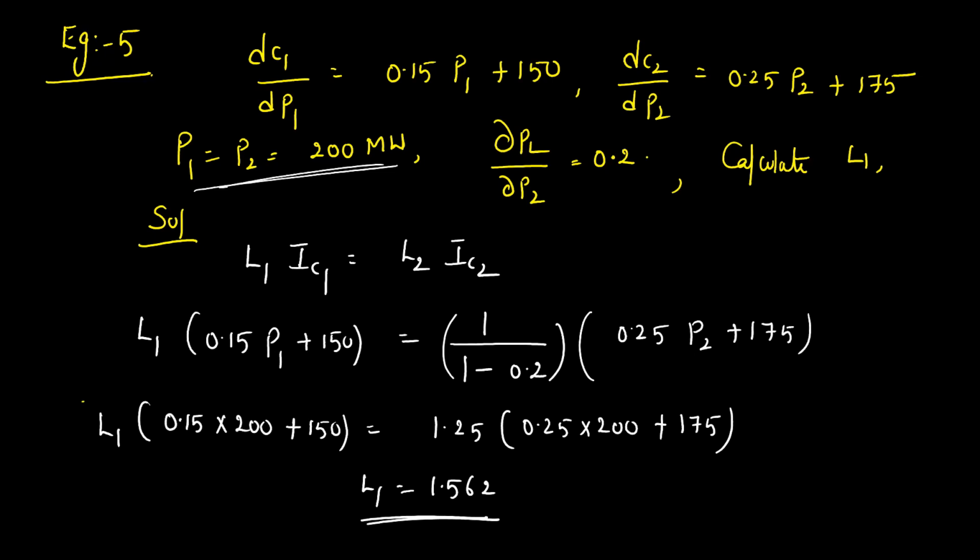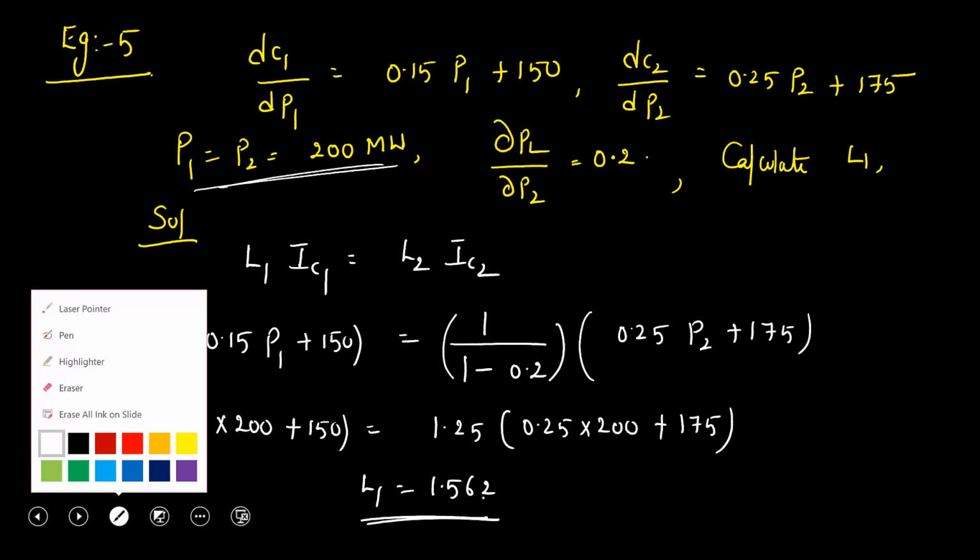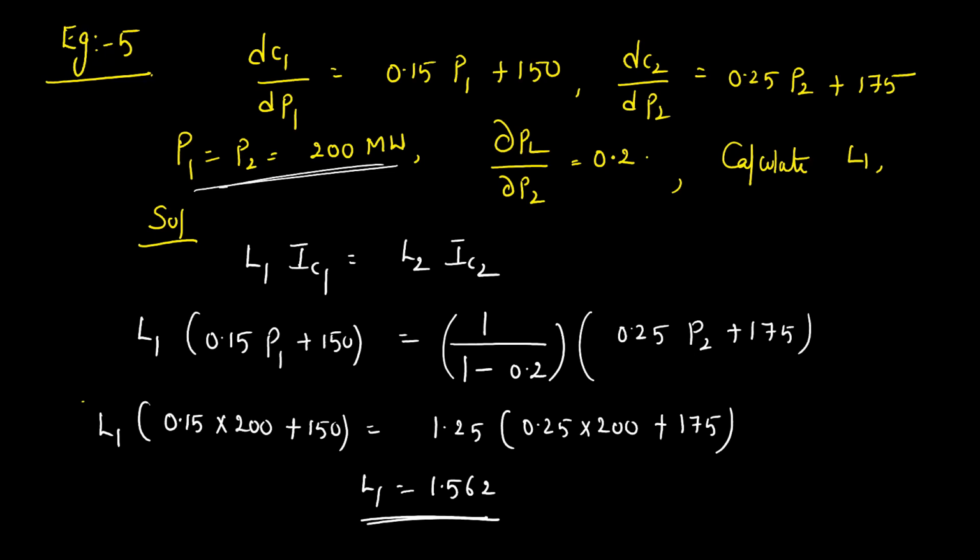Okay. So in this question, what he is telling is that the incremental costs are given, and the generations, P1 and P2, the optimum generations, are given when losses are included and coordinated.